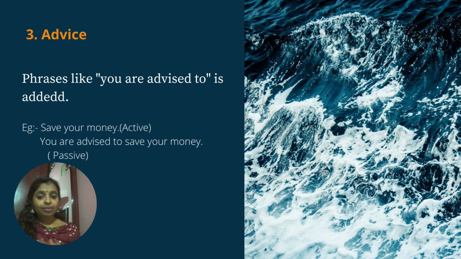Anyway, while changing this type of imperative sentence, you should prefix the phrase "you are advised to" to the active advice. Okay, "save your money" is the active advice here. While we are transforming it into the passive advice, it will be changed as "you are advised to save your money."